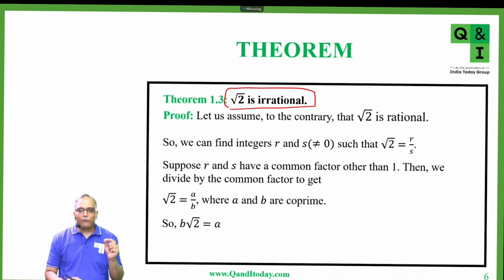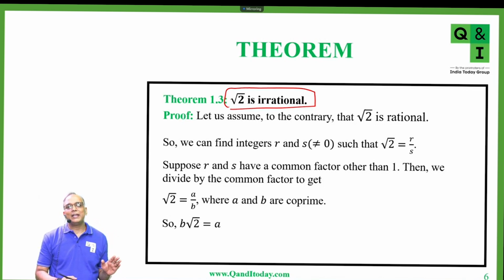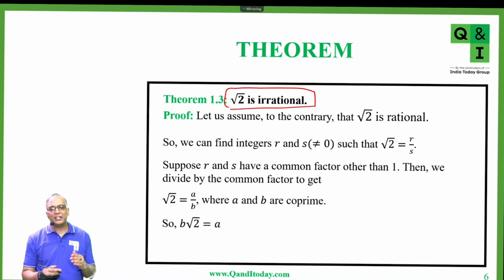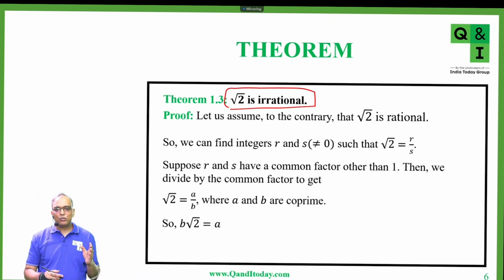You have to prove root 2 to be irrational. There are two ways of proving any mathematical theorem. One is by straight away using different theorems to prove it. The other way is proving it by negation. Proving by negation means whatever you have to prove, you assume it to be false initially.